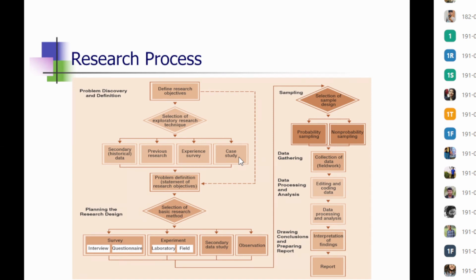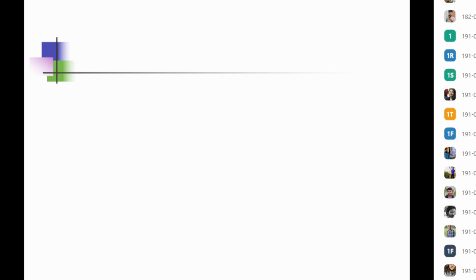To prepare the report, you can follow this diagram. It will help you. So in summary, this is the research process. From the next class onwards, we will discuss step by step each and every stage of the research process.